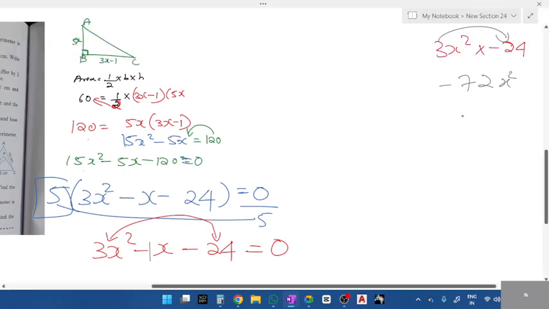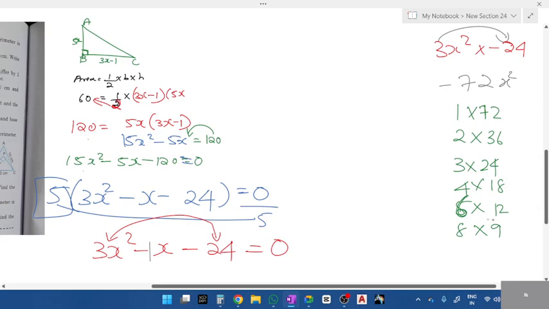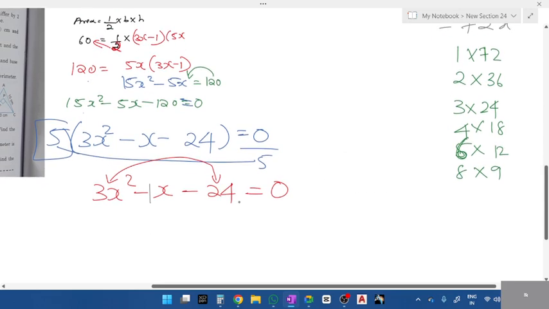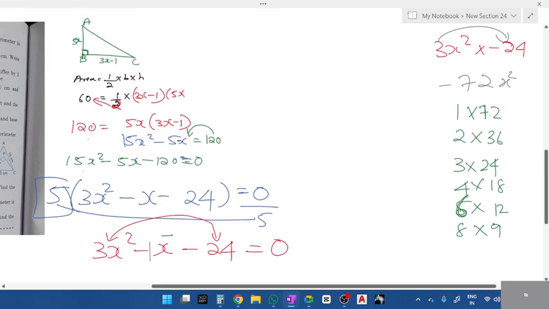What are the factors of 72, students? 1 into 72, 2 into 36, 3 into 24, 4 into 18, 5 doesn't go, 6 into 12, 7 doesn't go, 8 into 9. Now, which combination, when you add and subtract, gives the middle term 1? 8 into 9 will give 1.